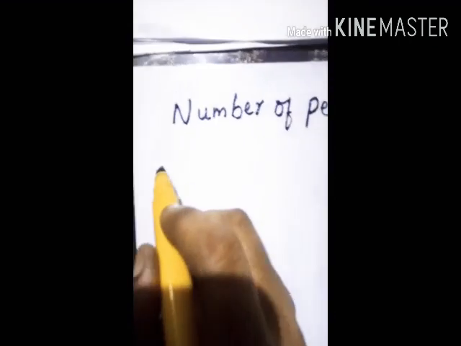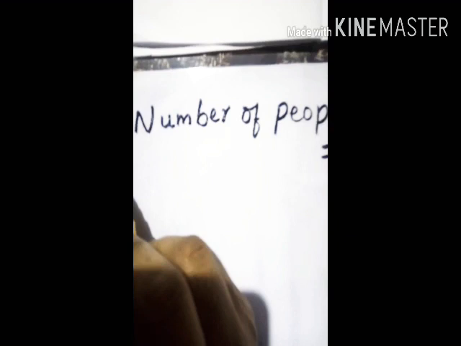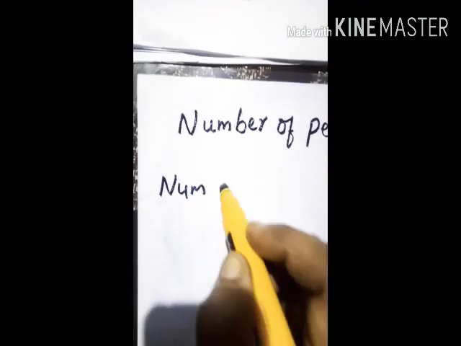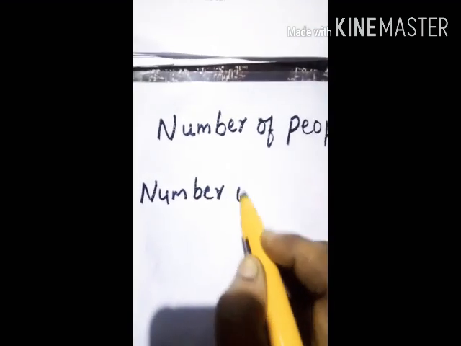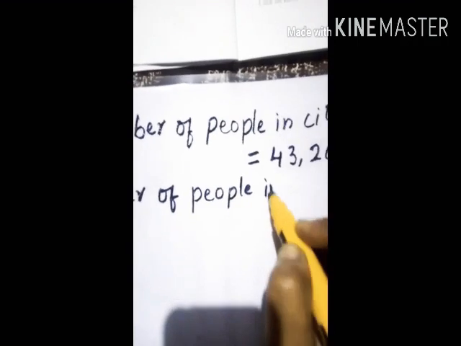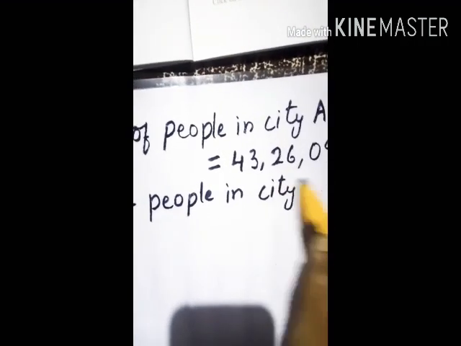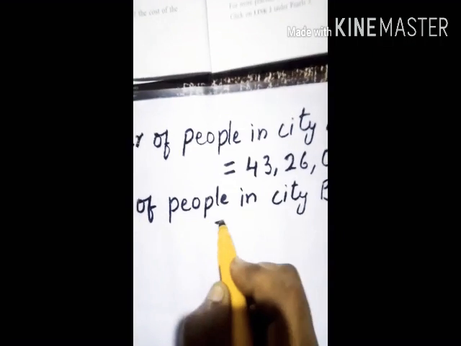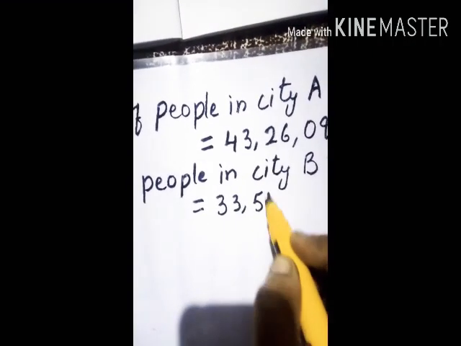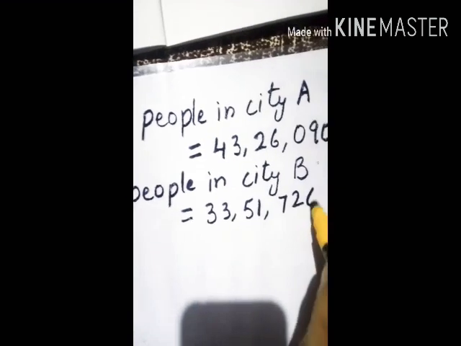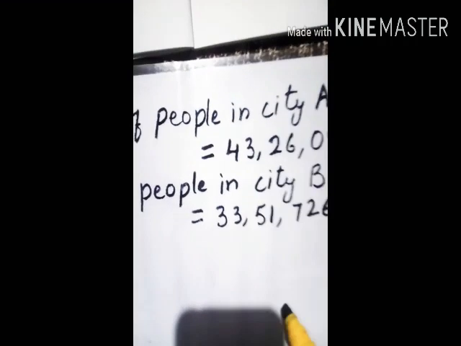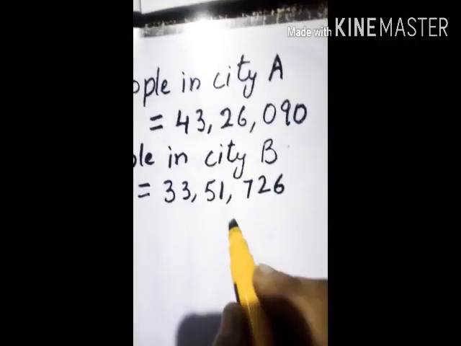Now what is the next you have to write? What is the number of people in city B? So write number of people in city B, that is equal to 33 lakh 51,726. Okay, now what you have to do? You have to add these two.